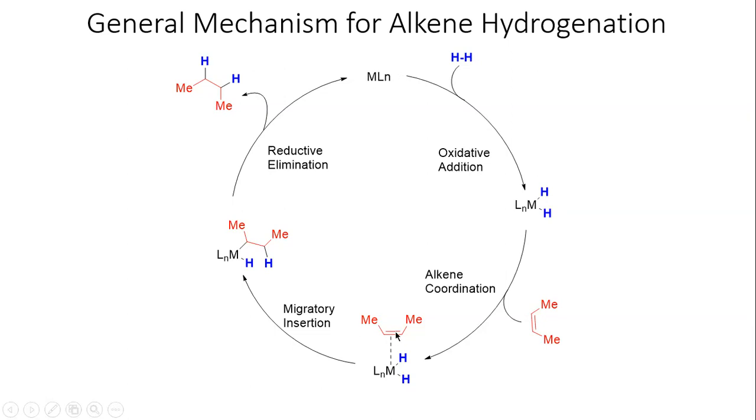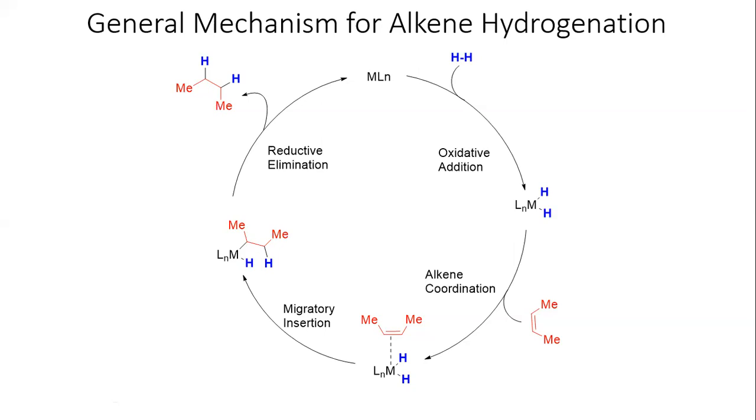Where a pair of electrons from the metal hydride bond is transferred here, so you get a new bond to hydrogen, and then a pair of electrons from the pi bond is transferred to the metal, so you have a metal carbon bond here. And then after that, you just do reductive elimination, where this carbon and this hydrogen end up bonded together. So that's the generic catalytic cycle for hydrogenation.